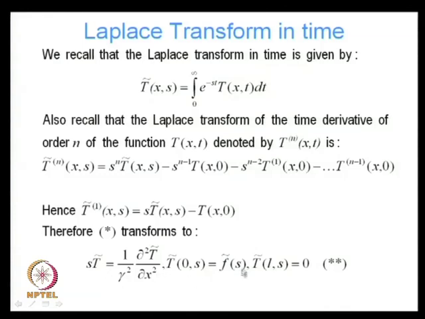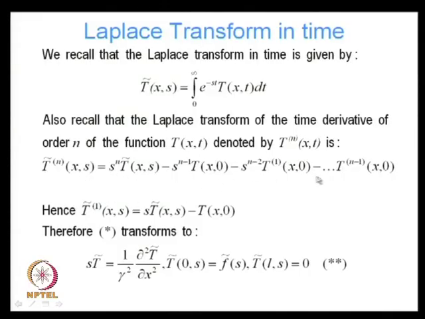Okay. So, this is now my transformed problem, and you can see that this is a second order ordinary differential equation. It is now no longer a partial differential equation, it is an ordinary differential equation in the spatial variable x, because we have got rid of all those derivatives with respect to time.